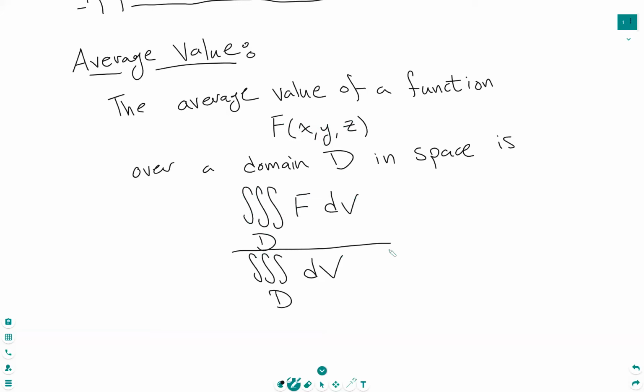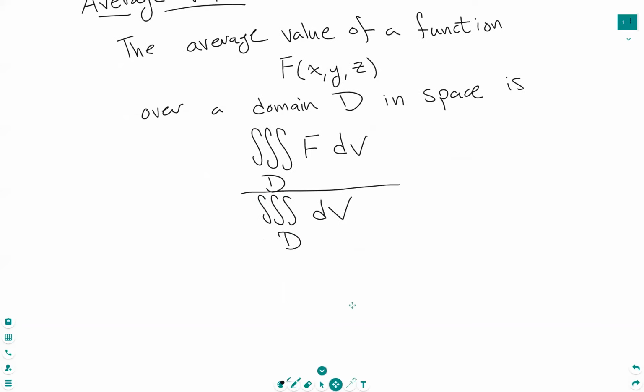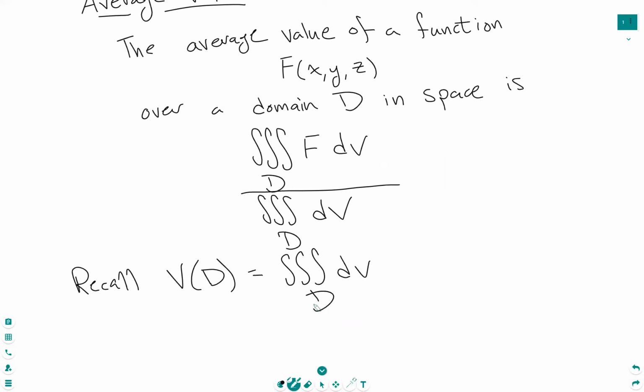And then I divide by the number of points, which is the volume of that object, right? So we can also say that this denominator here, the volume of D, is equal to the triple integral over D of dV.